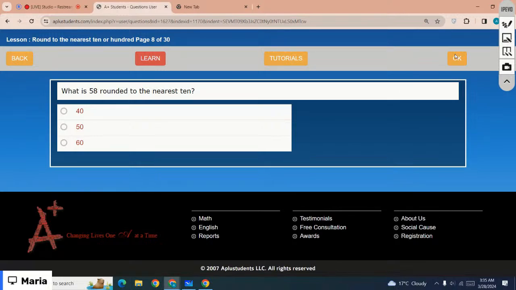Which is the correct option? 58 is rounded off to, yes, very good, 60 it is. 58 is rounded off to 60.